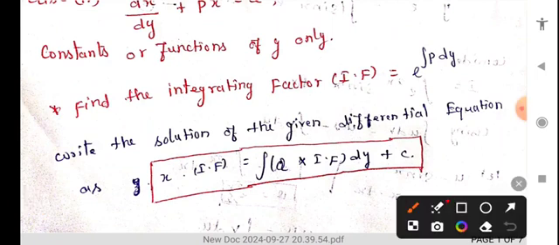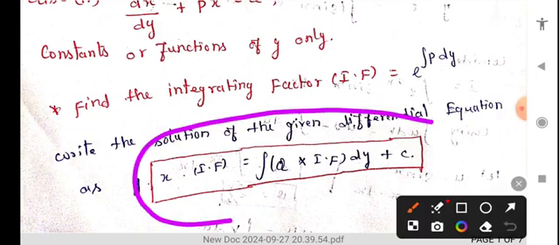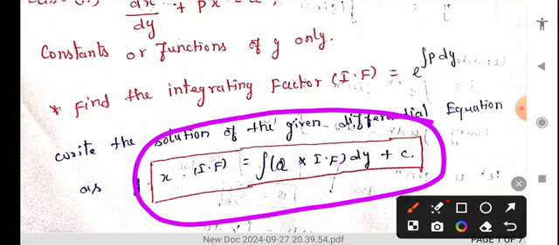After finding this, we have to find the solution of the given differential equation. So x into integrating factor is equal to integral over q into integrating factor into dy plus c.